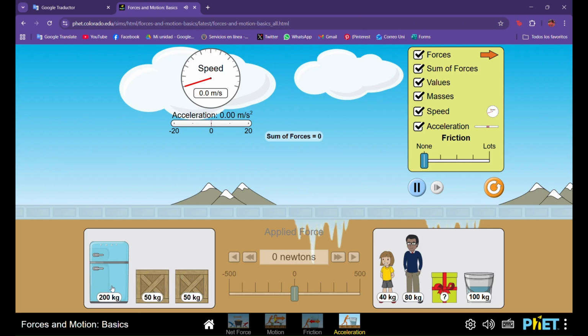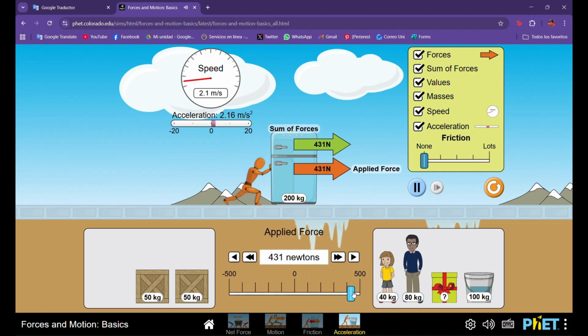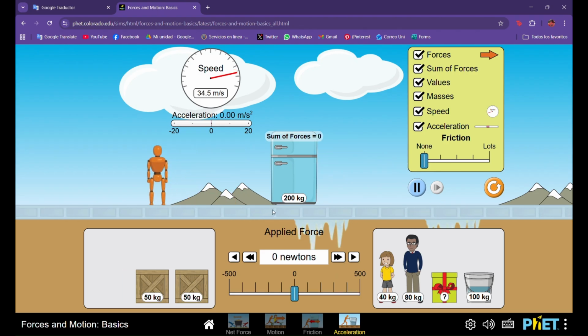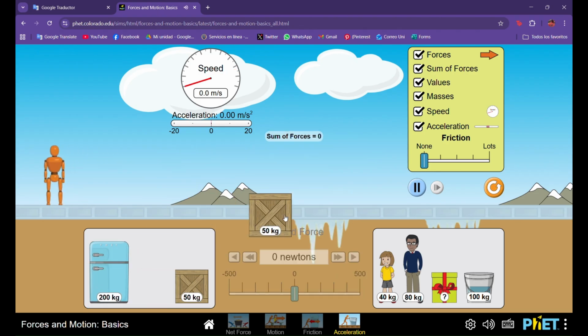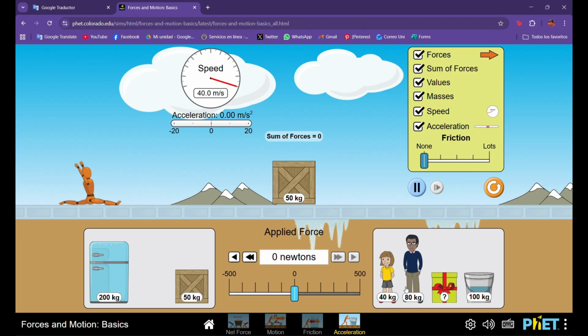I will use this 200 kilogram mass, and I will apply all the forces available, which are 500 newtons. And as you can see, the acceleration is 2.5 meters per second squared. But when we were pushing this 50 kilogram mass, the value of acceleration was 10 meters per second squared.